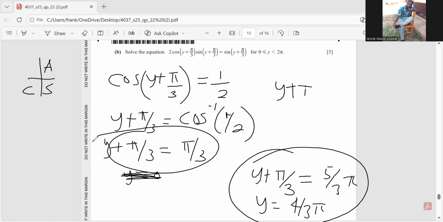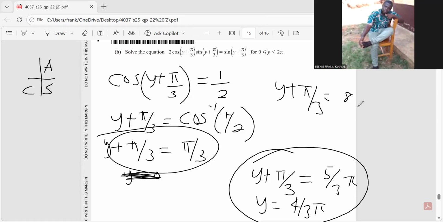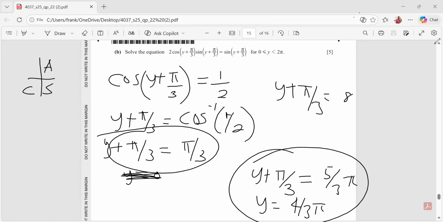So if you take pi over 3, you're going to get 7 over 3 pi. And the angle should be between 0 and 2 pi. And 7 over 3 pi is more than that. So the only value is 4 over 3 pi for this.